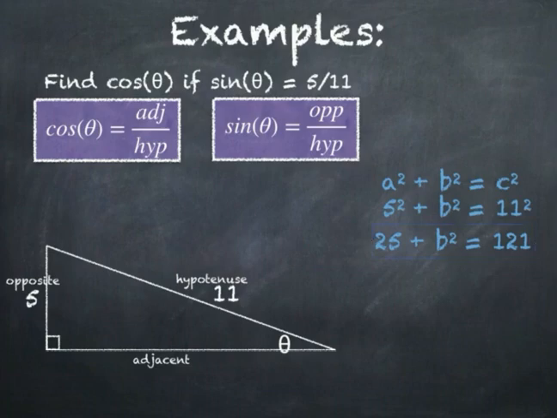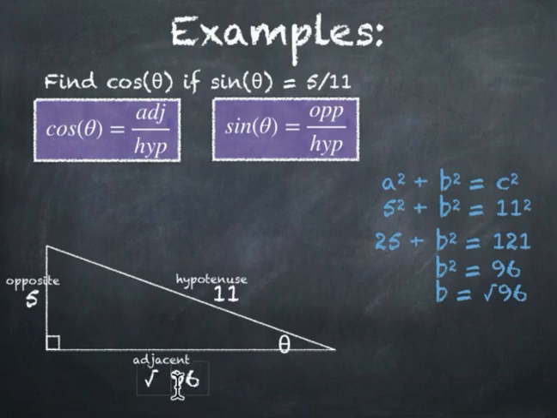And if we subtract 25 from both sides, we get that b squared is equal to 96. That way, b must be the square root of 96. So we can write in here square root of 96. And our final answer then is going to be the fraction square root of 96 on top of 11.